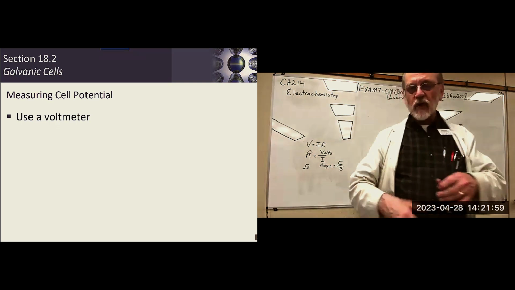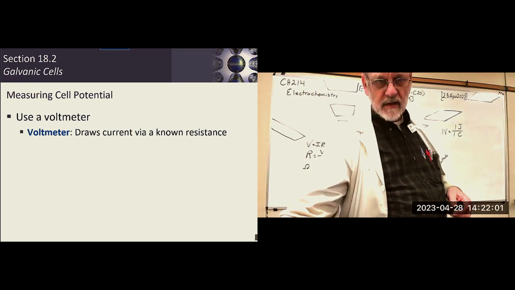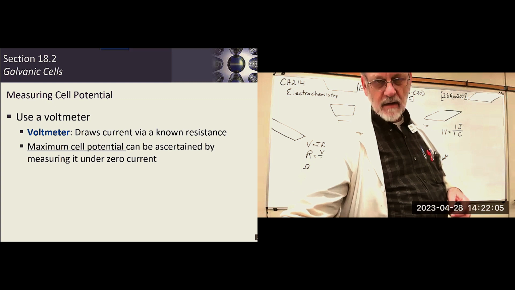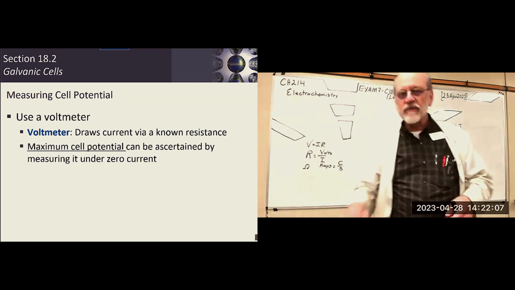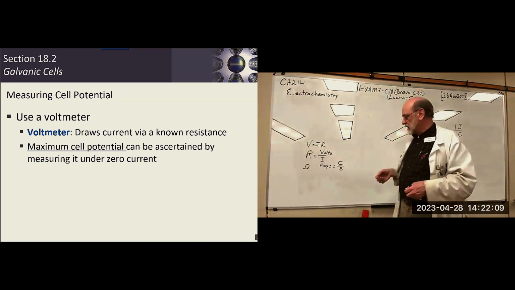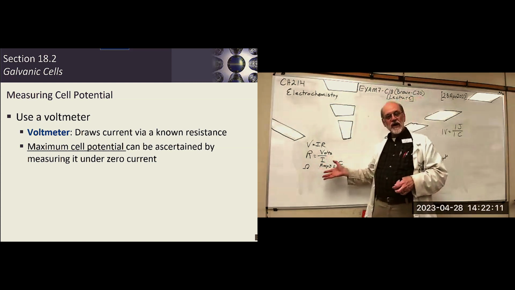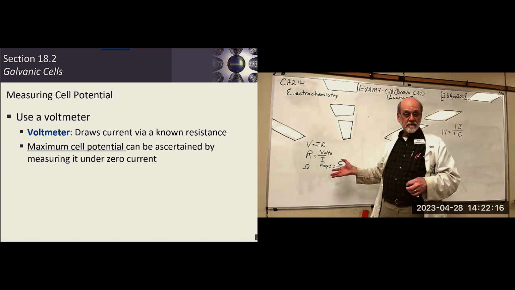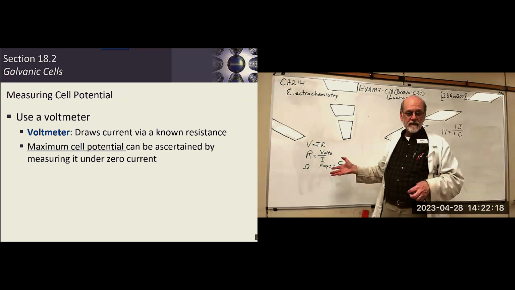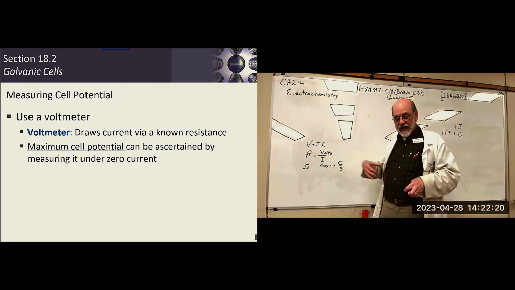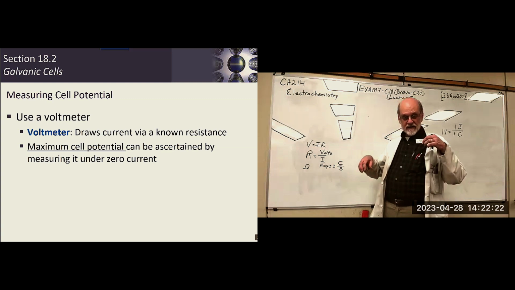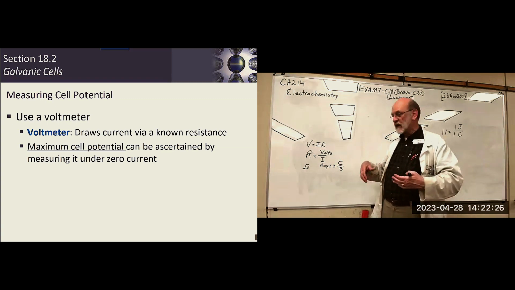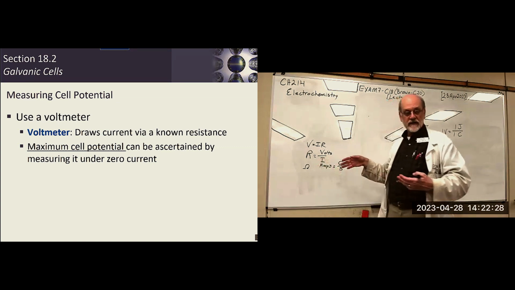The problem with voltmeters is this is not a reversible process. So the maximum cell potential cannot be determined as long as there is current moving.